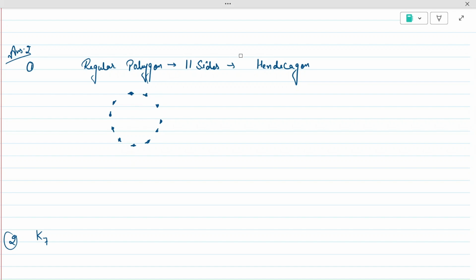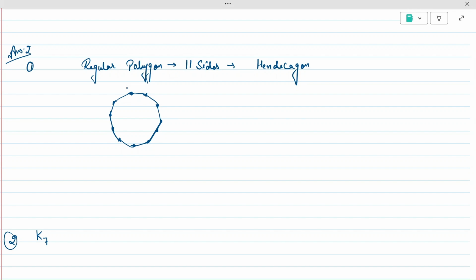Now this is done. Let us join all these points using straight lines. So this is 1, 2, 3, 4, 5, 6, 7, 8, 9, 10 and 11. So here this is a hendecagon.